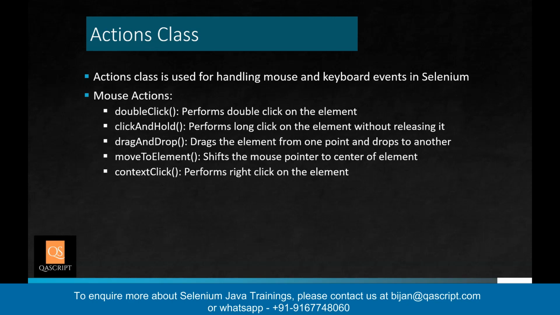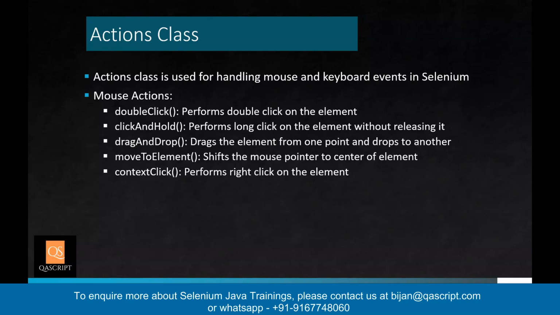Sometimes you need to drag and drop a particular element from one place to another. At that point, you click on a particular element and keep pressing it until you drag it to a different point. So that time you can use this click and hold method.